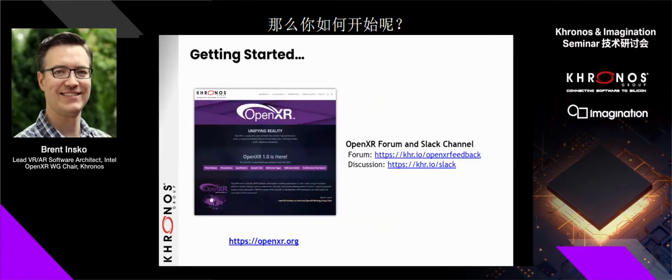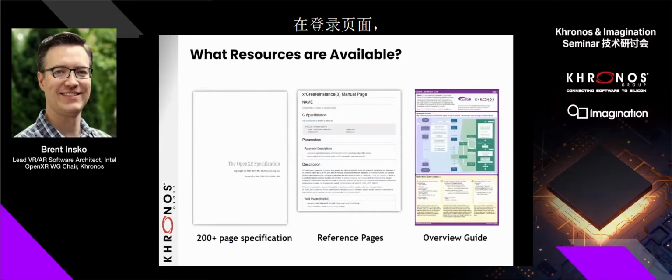So how do you get started? You can jump to the OpenXR landing page. And if you have questions or feedback, you can let us know in the OpenXR forum or on the Khronos Slack channels. From the landing page, you can get to all of the available resources regarding OpenXR. This includes a 200-page specification, reference pages of the functions, and an overview guide depicting the life cycle of an OpenXR program.